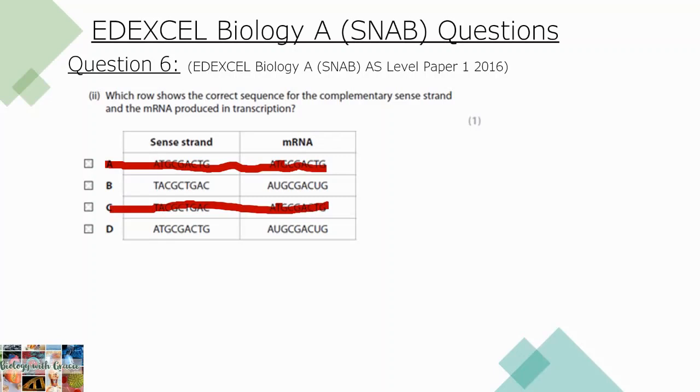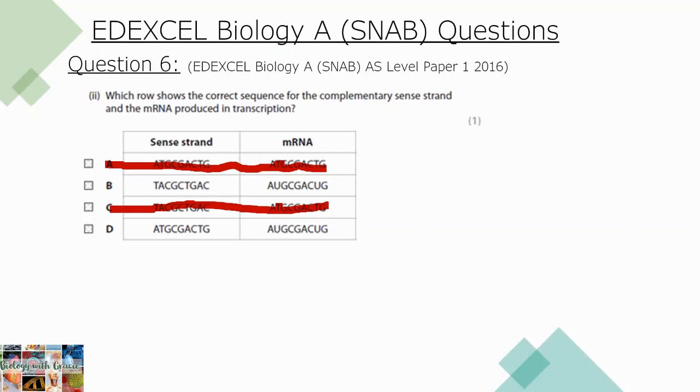So then let's have a look at B. Remember that we're looking at the sense strand, which is the coding strand sequence, not the antisense template strand sequence. So if we write out the bases, we've got TAC.